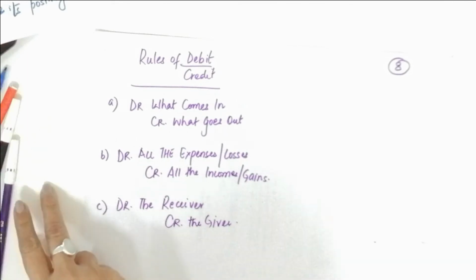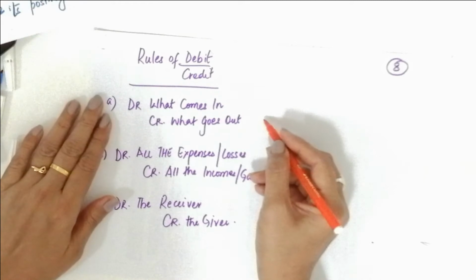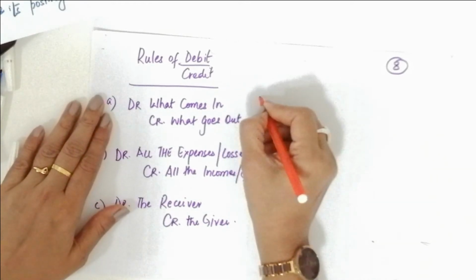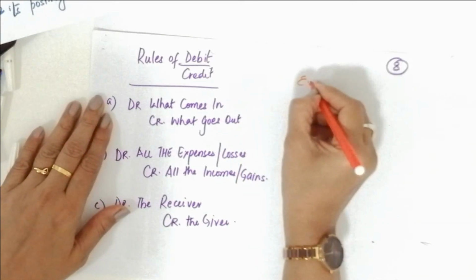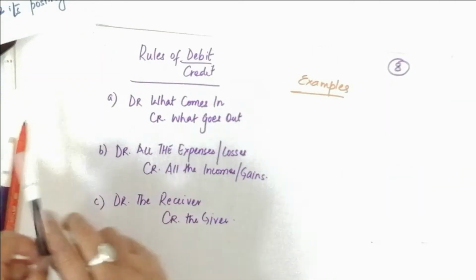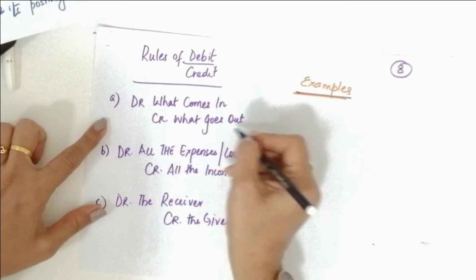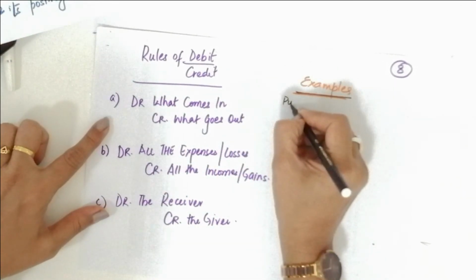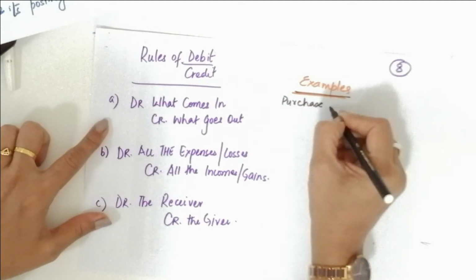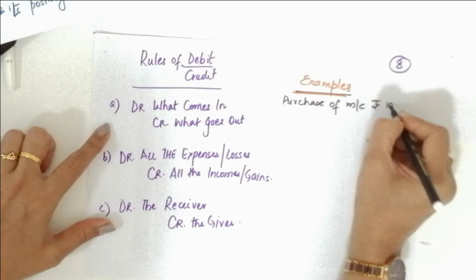Now, the first example: debit what comes in, credit what goes out. Here I will be giving you examples, okay? I hope you all can see, or I will use this black pen. Examples. Debit what comes in, credit what goes out. For example, if I say purchase of machine worth rupees 10,000.